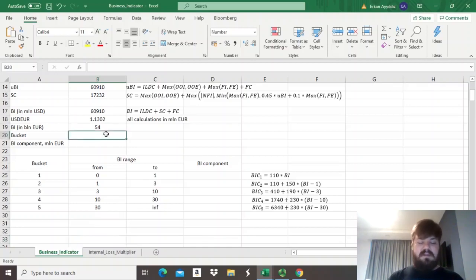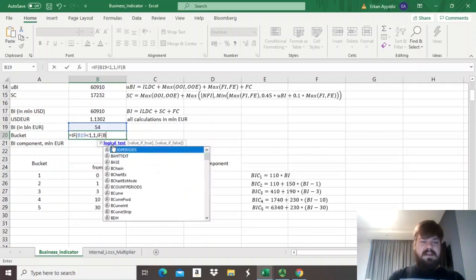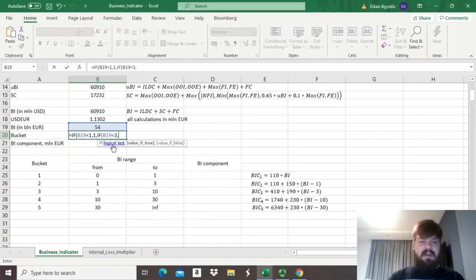But if we wanted to determine it using an Excel formula, we could do something like that. We could say if the business indicator is less than 1 billion, then our bucket would be 1. Then if it's equal to or greater than 1, then if it's less than 3, then it would be the second bucket. If not, then maybe it's less than 10 and still satisfies the criteria for the third bucket.